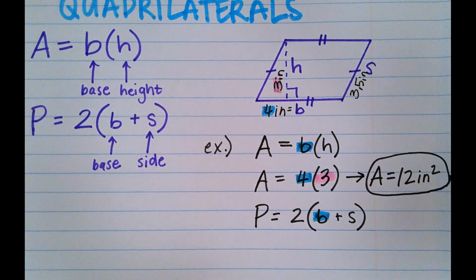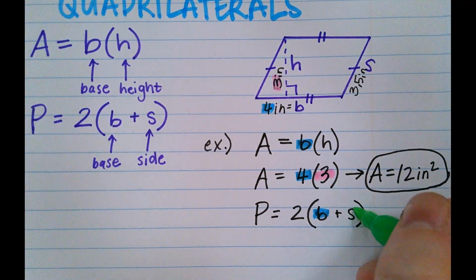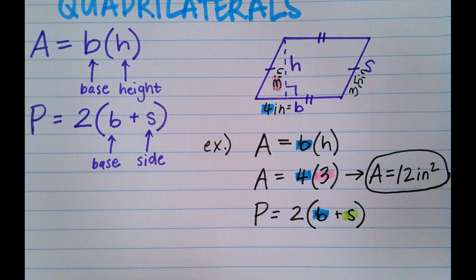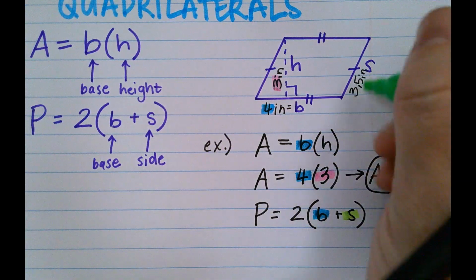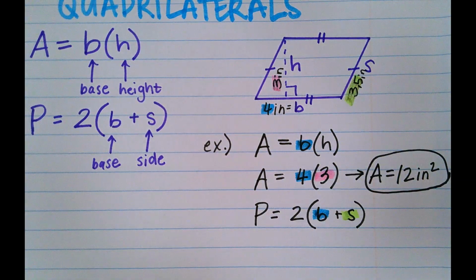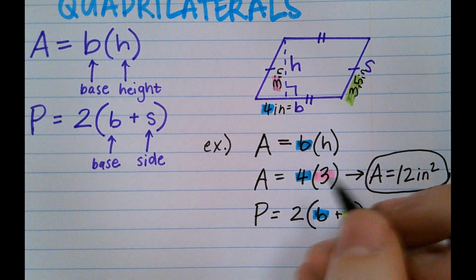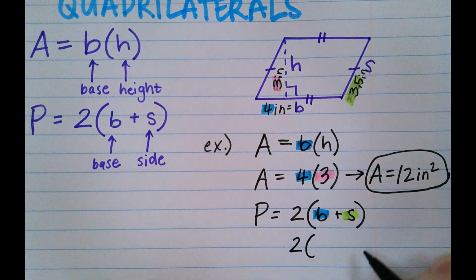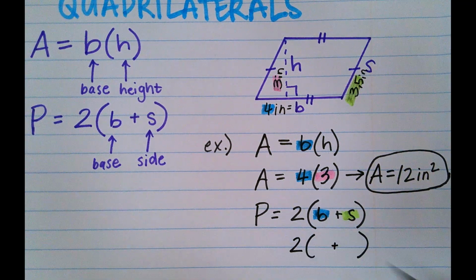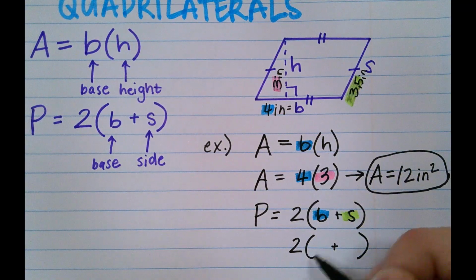That's different. I'm gonna go with green. What is our side length? 3.5. So I need to use that. So 2 times what goes in our blanks? 4 plus 3.5.